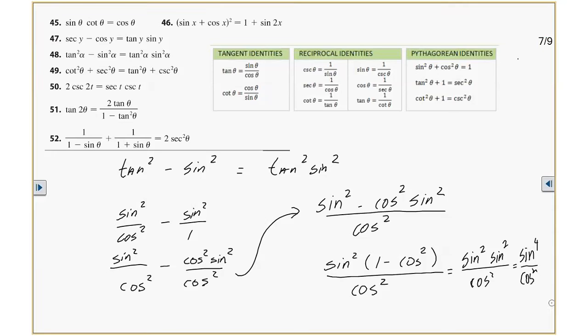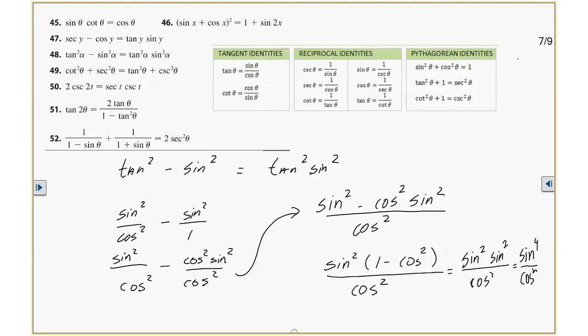Go ahead, what'd you say? Well, I think the left side of it. Yes, we're trying to manipulate it to make the tangent on the right side. So then you should just say, right there, there's a sine squared times 1 minus cosine squared over cosine squared, just change it to tan squared times 1 minus cosine squared. Yeah, that's what we should have done. That would equal the same thing.